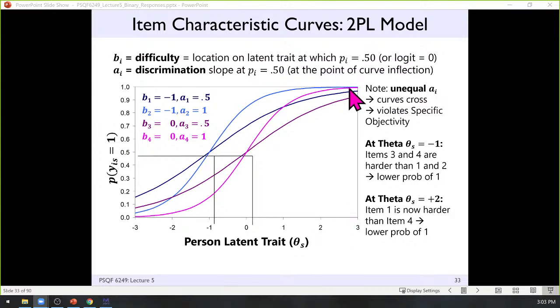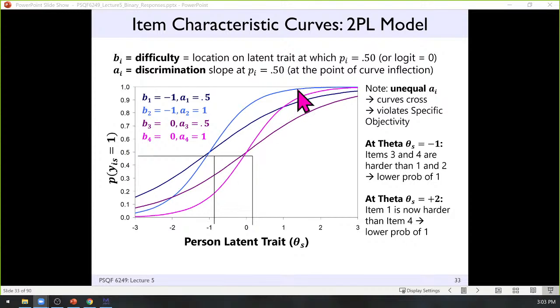No. Basically, all of these items would have very little information about just how smart someone is because the probabilities are all pretty much the same at this range. The blue items are designed to pick apart people who are in the range where the items are. The blue items are designed to measure people in the trait range of about -1, maybe -2 to 0, somewhere in there. The pink items are designed to measure somewhere between -1 and 1.